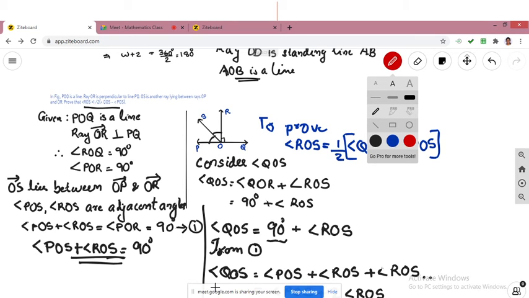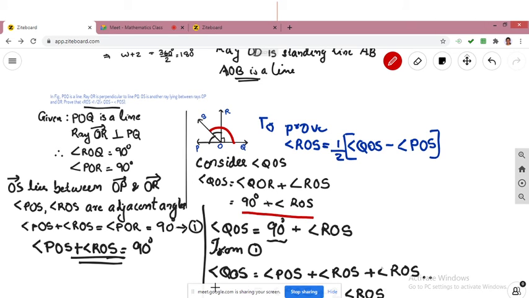Yeah, we considered this angle QOS, and angle QOS is the sum of angle QOR and angle SOR. So, these two angles, and angle QOR is equal to 90 degree. So, I got angle QOS is equal to 90 degree plus angle ROS.